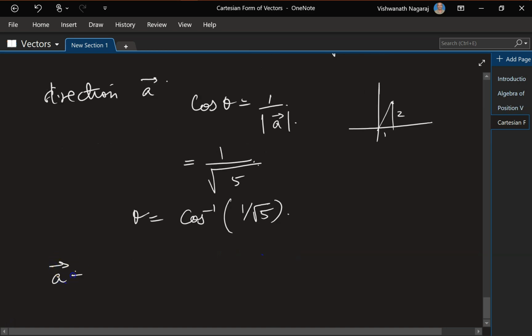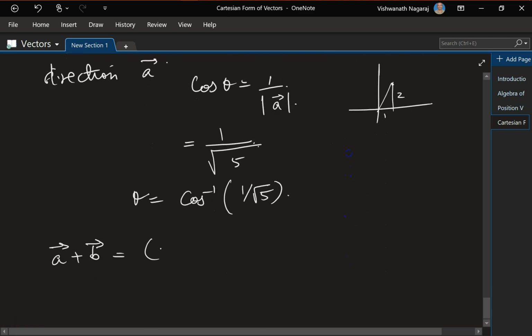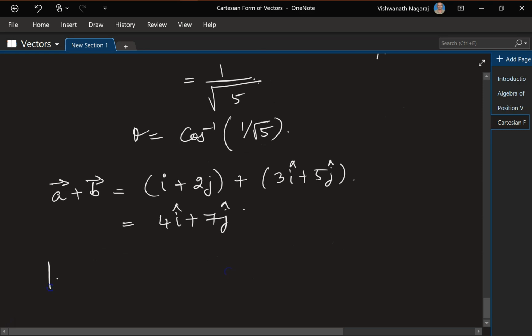Now A plus B would be what? Just add the respective components. So i plus 2j plus 3i plus 5j, so 4i plus 7j. Now what would be the magnitude of the sum?